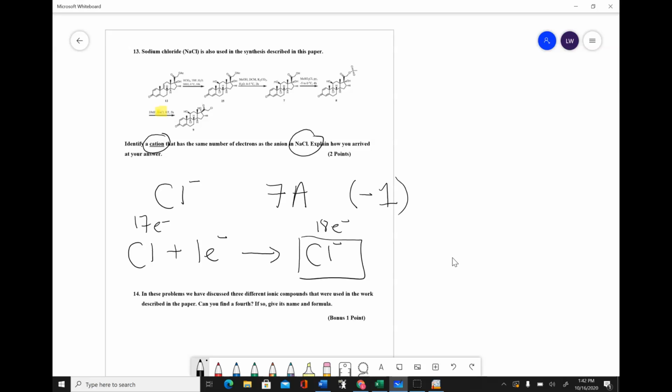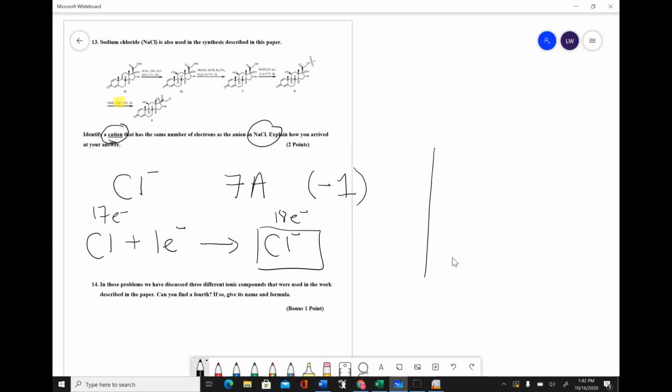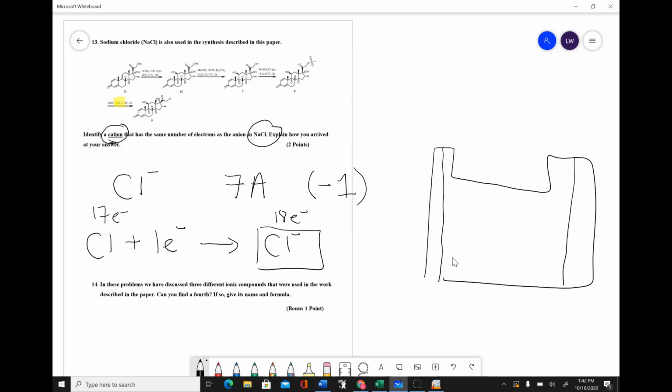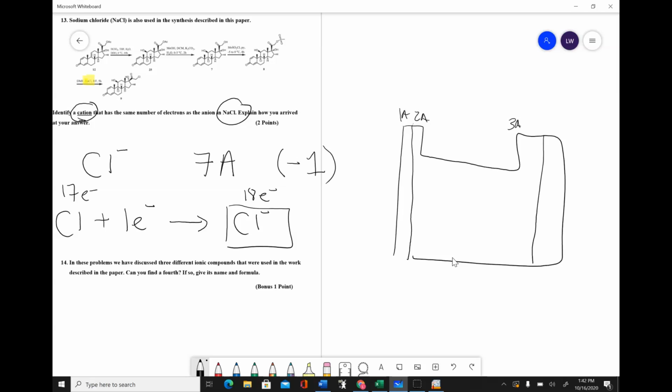Now, our question is, what is a cation that also has 18 electrons? And there is more than one. If you remember, when metals that are in the representative elements, so this is either in group 1A, 2A, or way over here we have group 3A, form cations, they become like the noble gas that is before them in the periodic table.